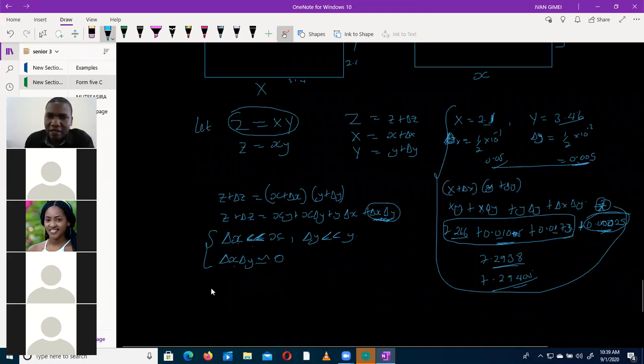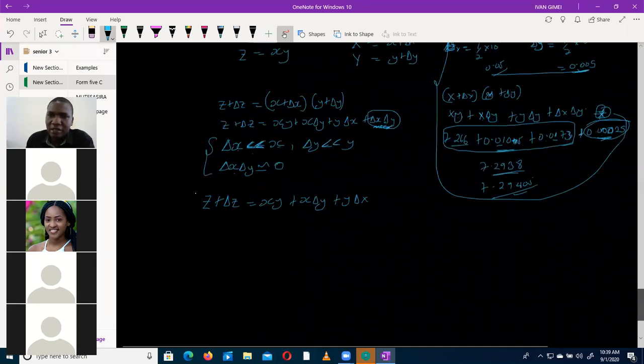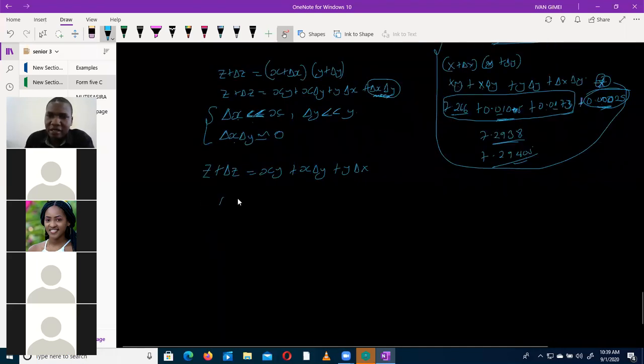We shall say Z plus error in Z will be the same as xy plus x dy plus y dx. Then the next step is we subtract Z on both sides. So we shall have error in Z being equivalent to xy minus Z plus x dy plus y dx.